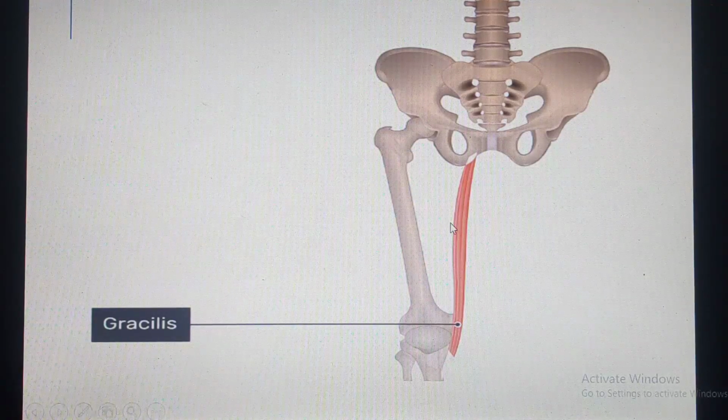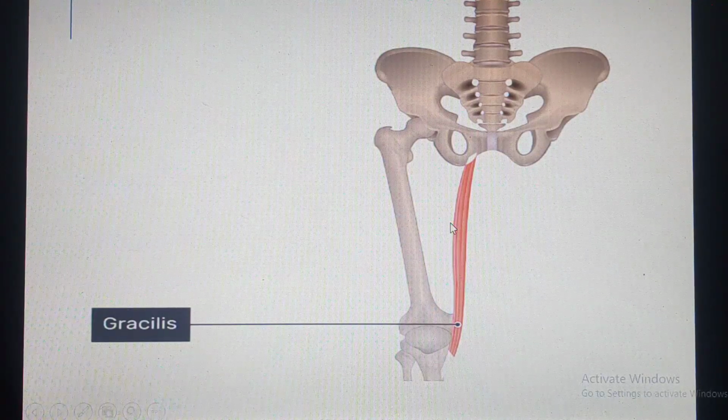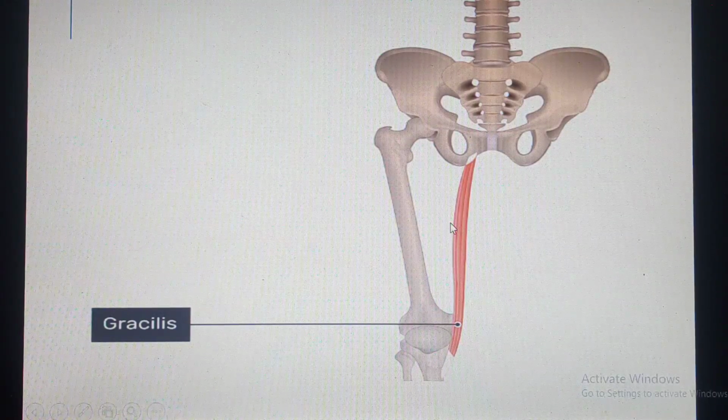So the gracilis muscle, we refer to it as the virgin muscle, or the custodian of virginity, because if there is medial rotation, or if you adduct your thighs, then the male cannot penetrate for coitus to be possible. So that is one thing that we have to know. And remember, its antagonist, which we saw in the anterior compartment of the thigh, the honeymoon muscle, is the sartorius muscle.